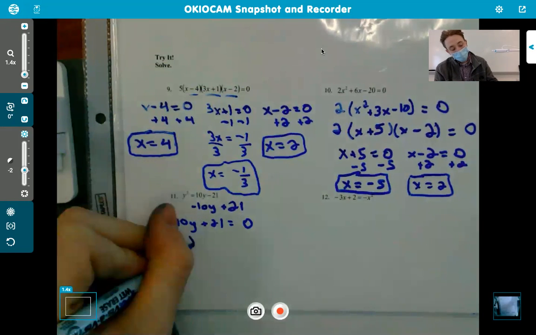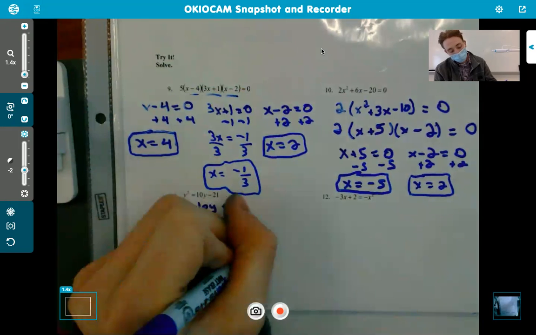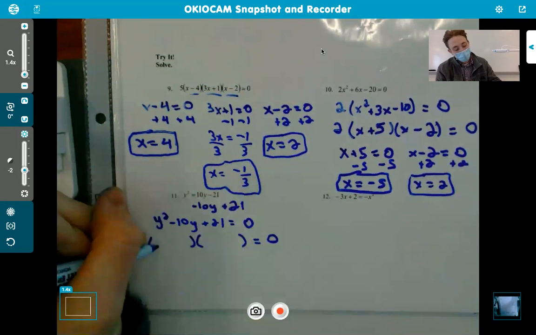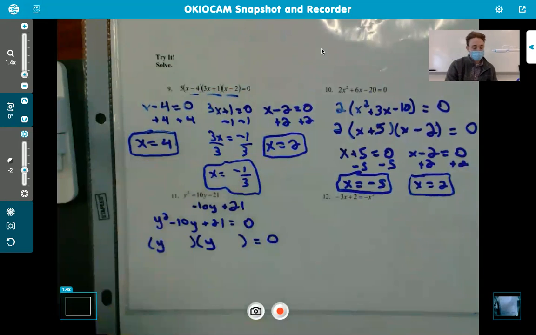I'm going to factor normally. So I know I'm going to have y times y. And I'm multiplying to get positive 21, but adding to get negative 10. So I need to think about two numbers that will multiply to give me a positive 21, but add to give me a negative 10.